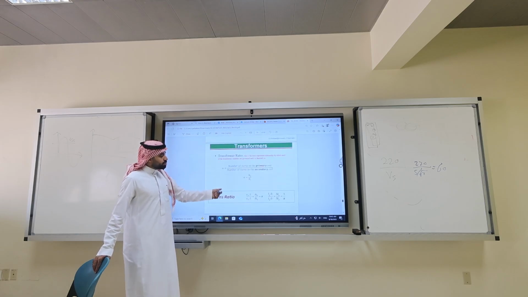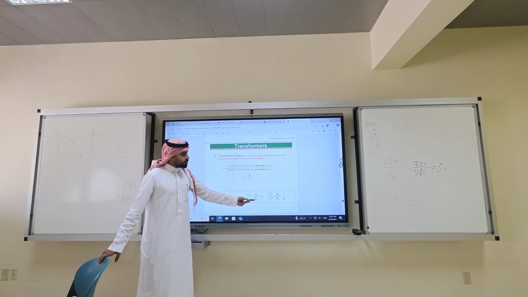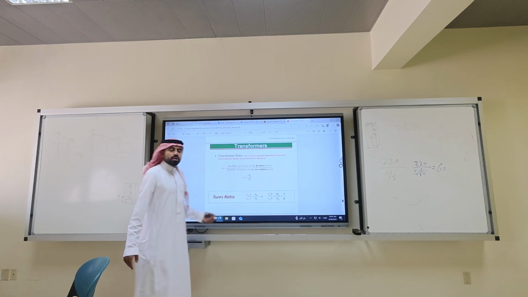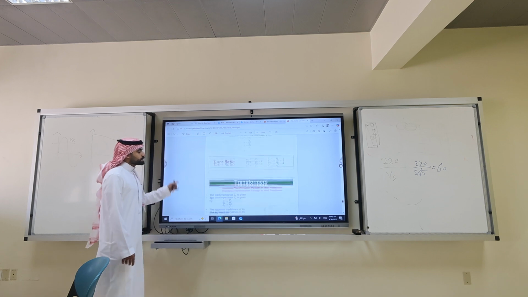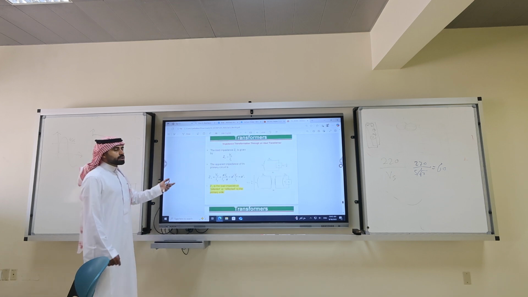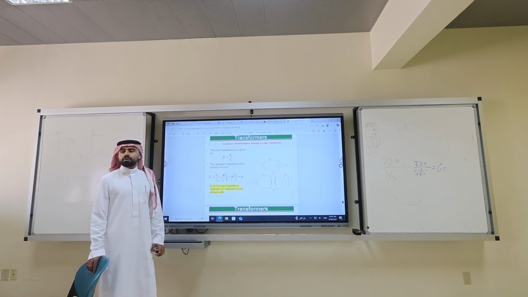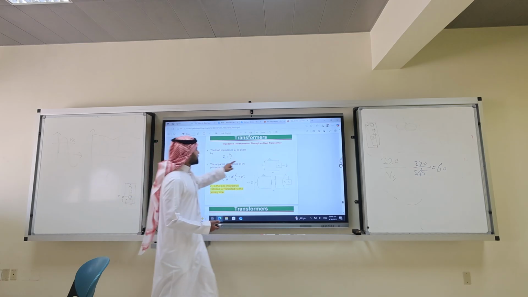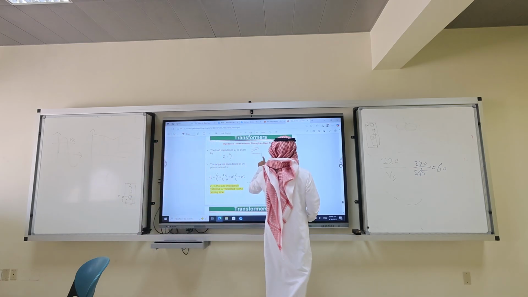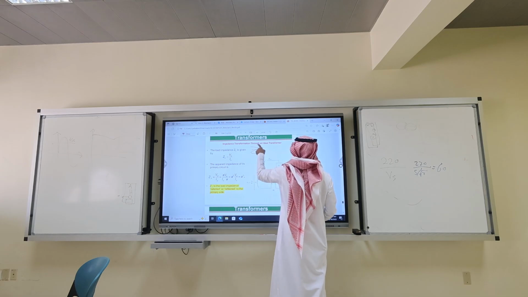What is the ratio? NP over NS. What is 1 over the ratio? We use 1 over the ratio for the currents and the ratio for voltage. Reflection. Do you remember reflecting load in transformers? The ratio in the impedance, yes. So it is covered here, but the formula is very easy. Z load reflected on the primary.